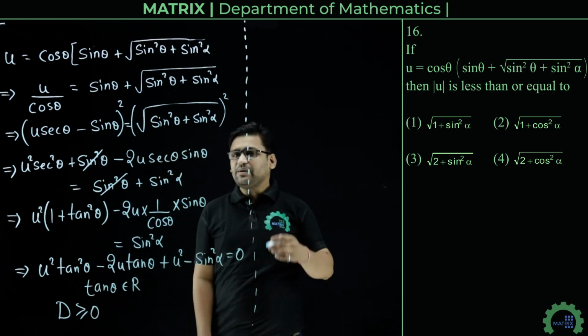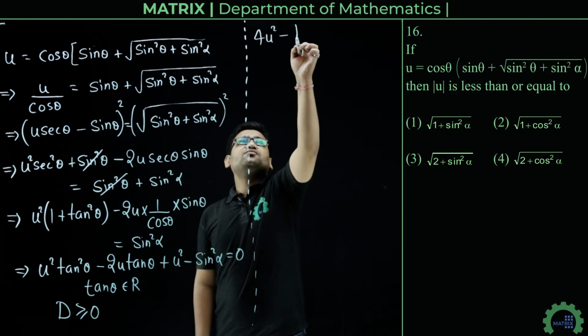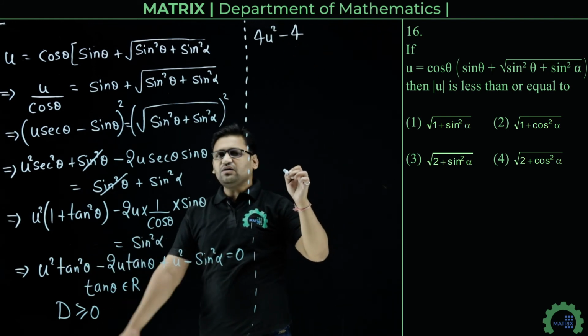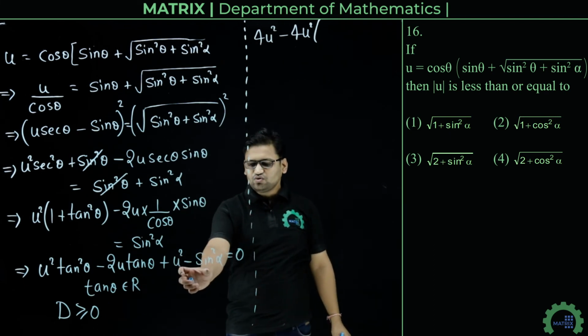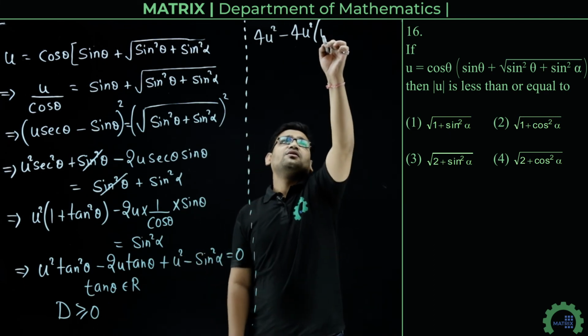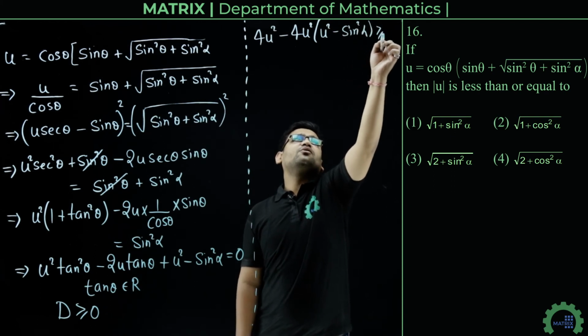We can write the discriminant as 4u square, that is b square minus 4ac. A is what? U square into c, that is u square minus sin square alpha. U square minus sin square alpha is greater than or equal to 0.